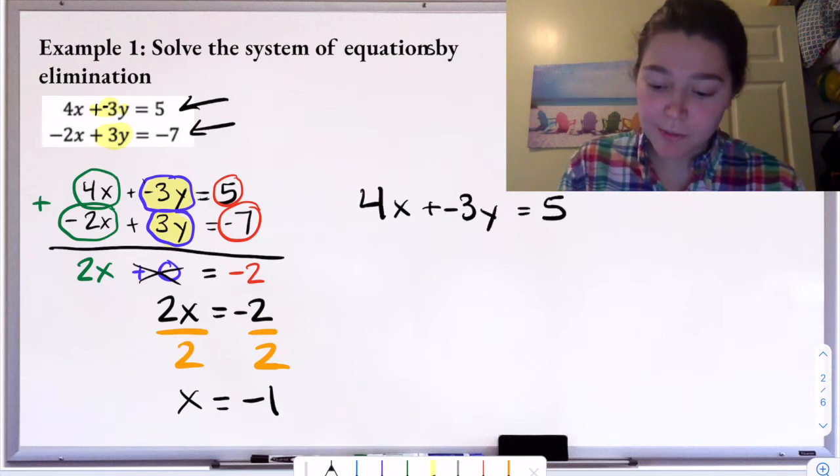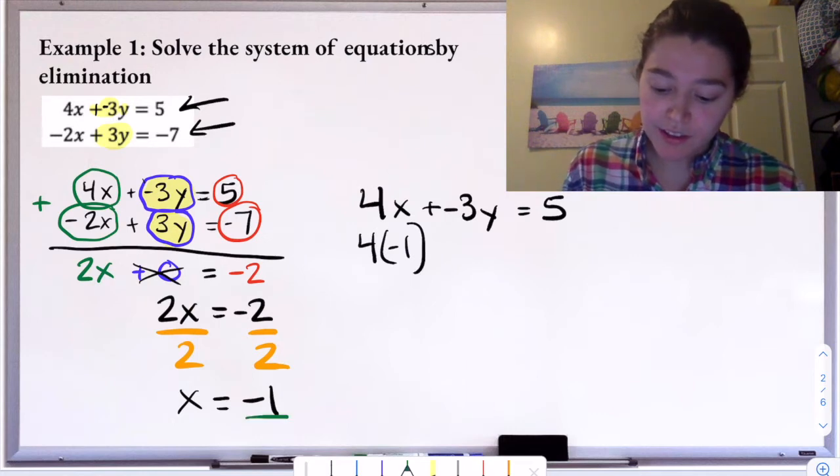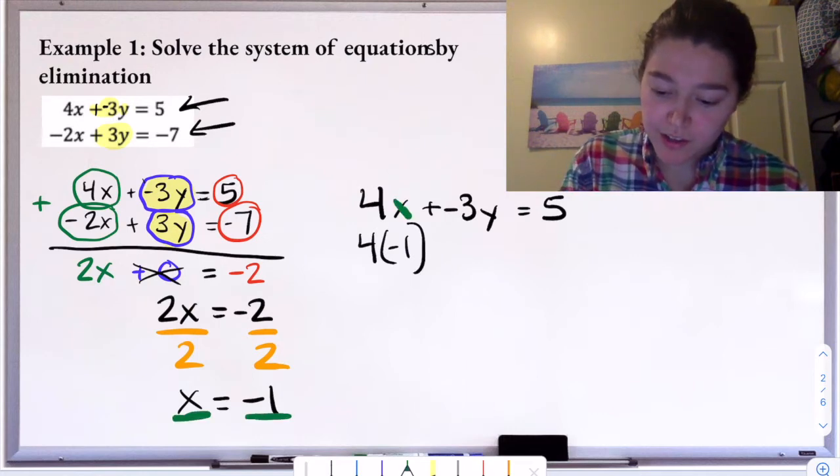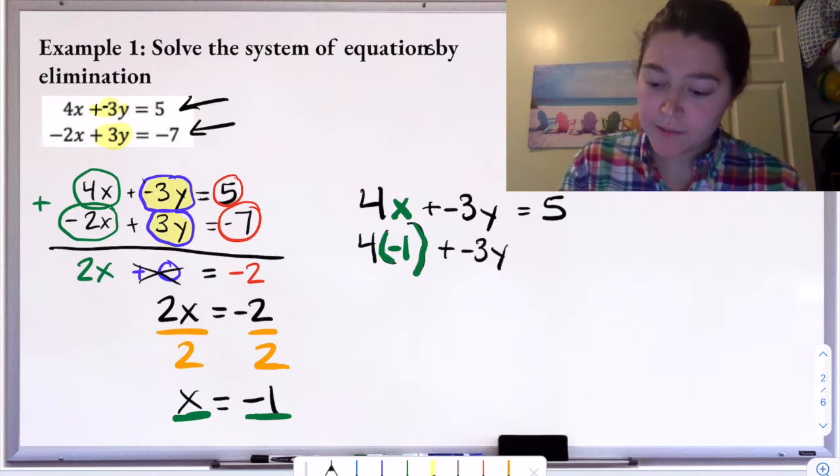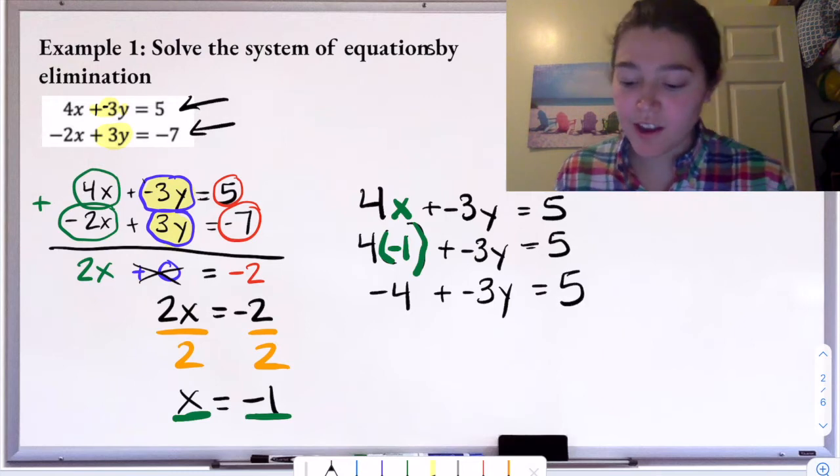I can substitute in for x this negative 1, because x is equal to negative 1. So where I have x, I can substitute in negative 1. Then I get negative 4 plus negative 3y equals 5.